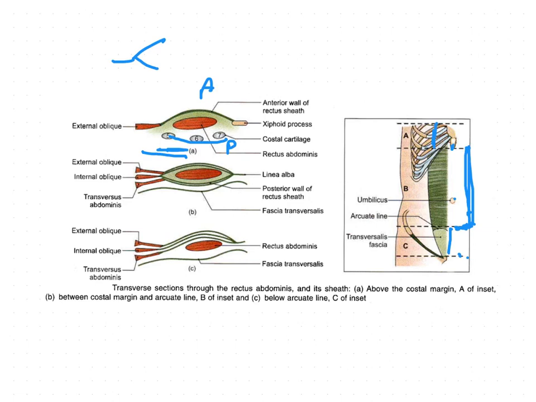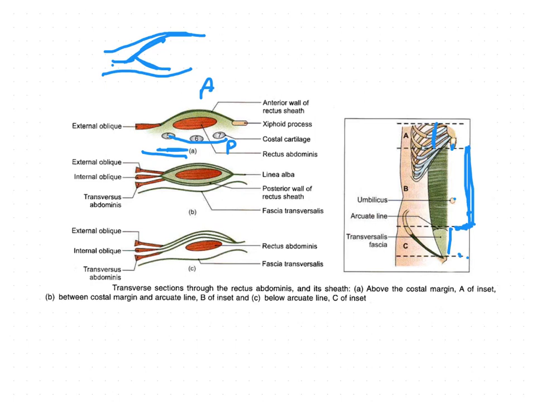So in the second region the anterior wall is formed by the aponeurosis of the external oblique and the anterior lamellae of the internal oblique aponeurosis. Now the posterior wall is formed by the fusion of the posterior lamellae of the internal oblique muscle aponeurosis with the aponeurosis of the transverse abdominis muscle.